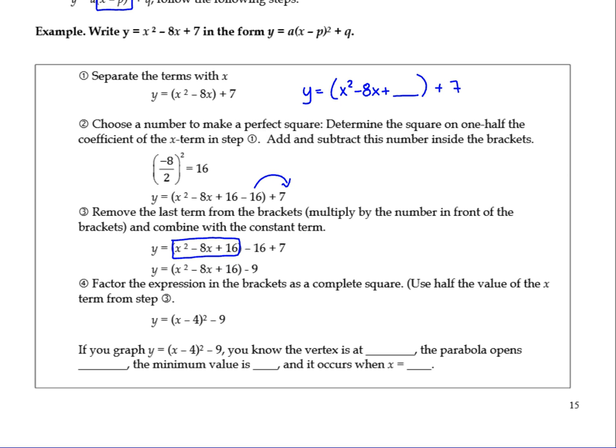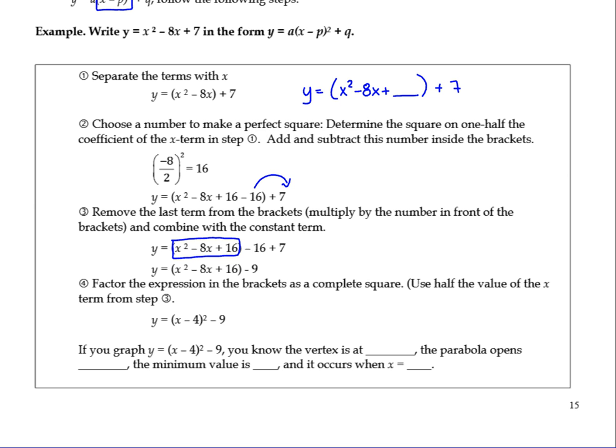So that's going to turn into your q value. And then last we're going to factor this, which is really easy, right? It's going to be the square root of that number or half of that number. So it becomes x minus 4 squared, x minus 4 times x minus 4. And now it's in vertex form. There's my p value, there's my q value. Okay, that's our goal today.